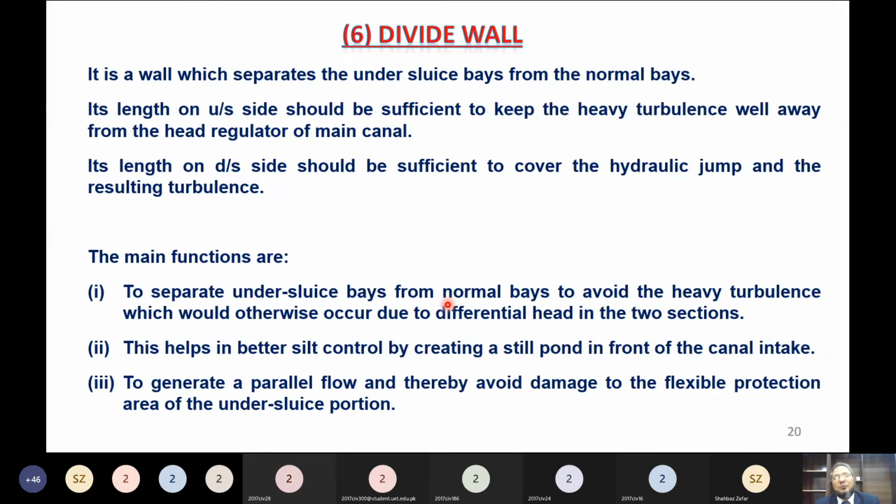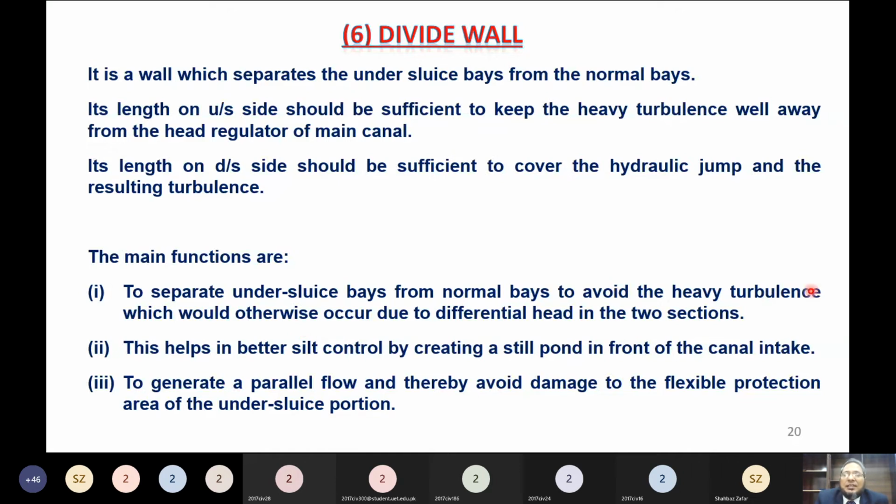But when we want to flush sediments, we close the main bay gates and open the undersluice bay gates. So again there is a difference in head. In the undersluices the depth of flow would be more, and here very little. To separate these two flows, we require a wall, and that is called the divide wall.